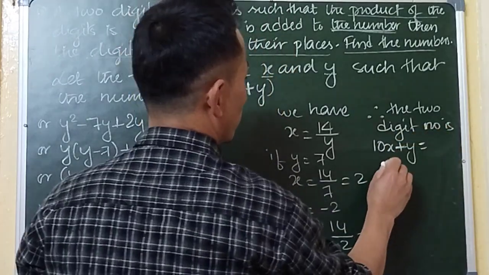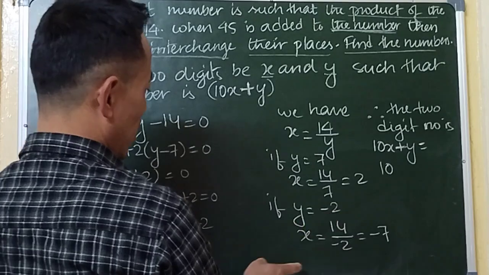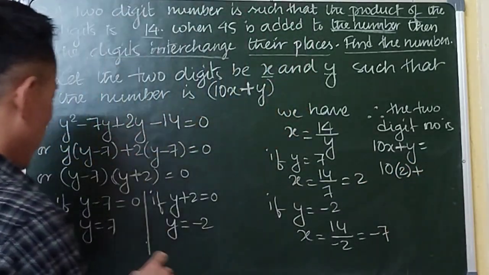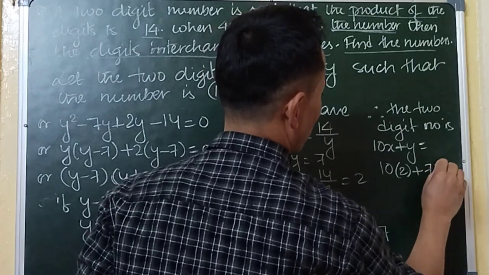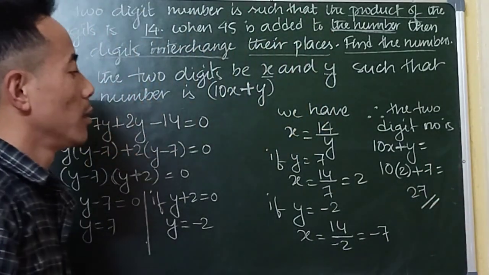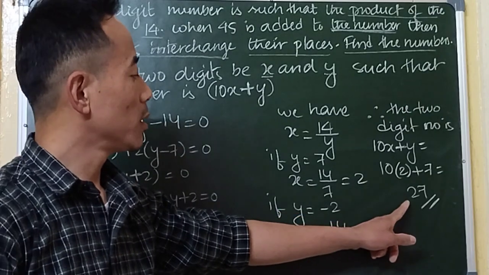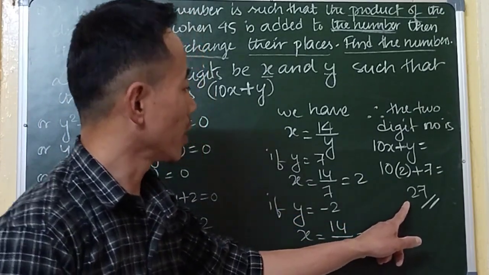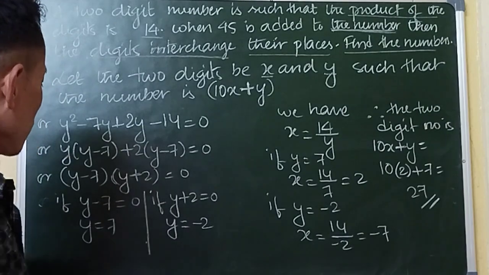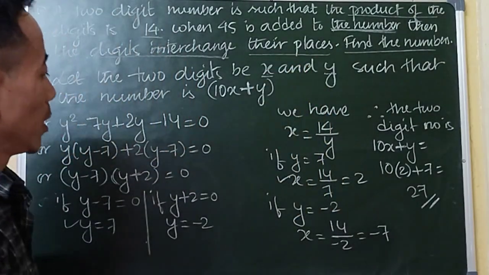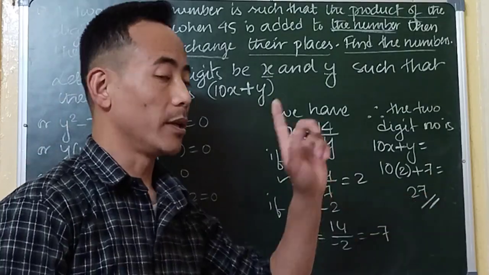If you put the value of x as 2 and y as 7, then you will get the number as 27. So the 2-digit number that we need is 27 here, taking y equals 7 and x equals 2. So this is the number that we need.